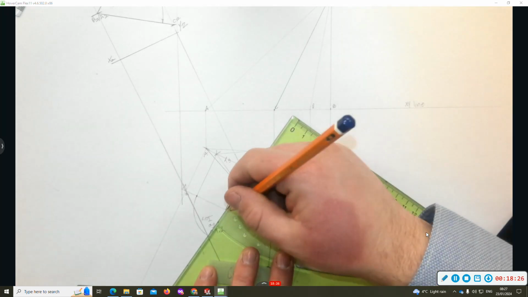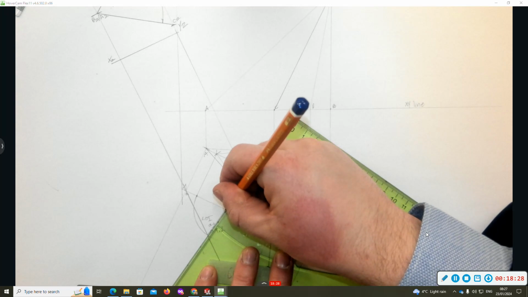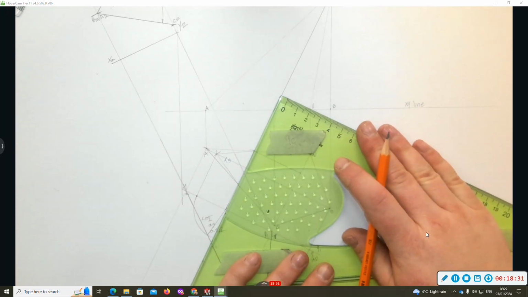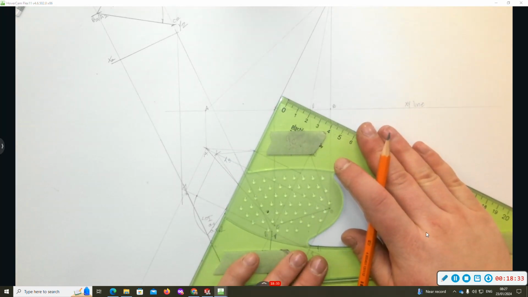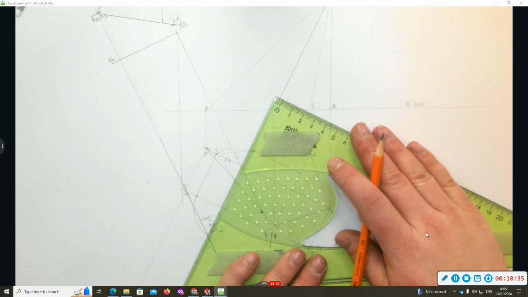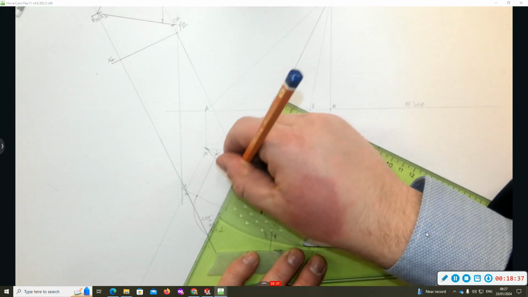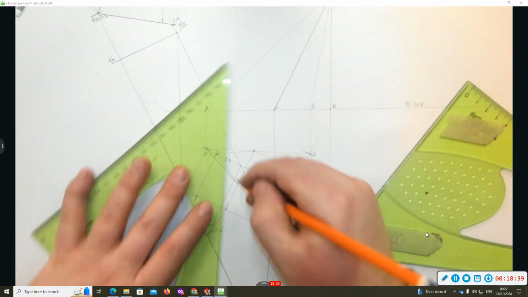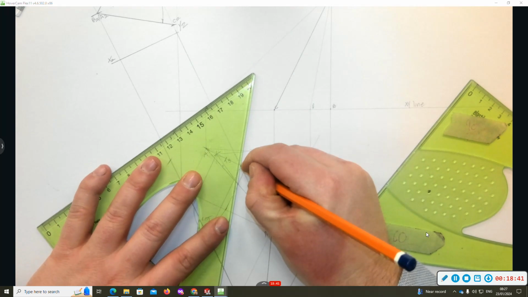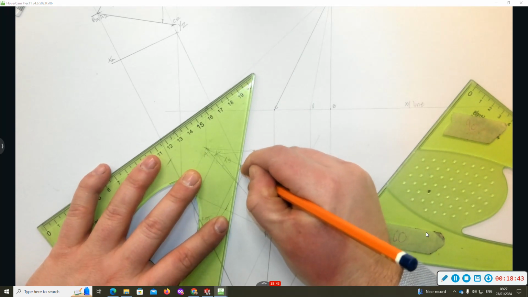Now, I can join them together. And now I can bring this back to my plan view. So here it is there. I can heavy this detail in.